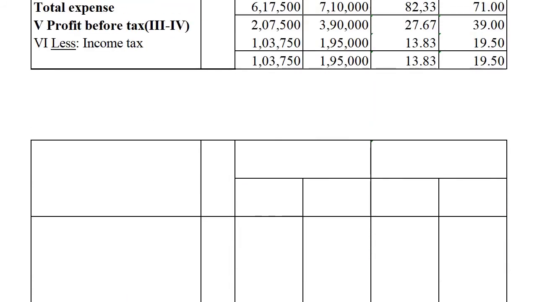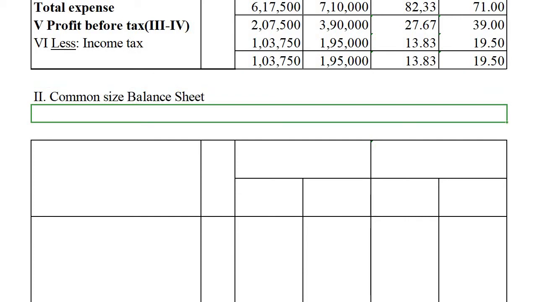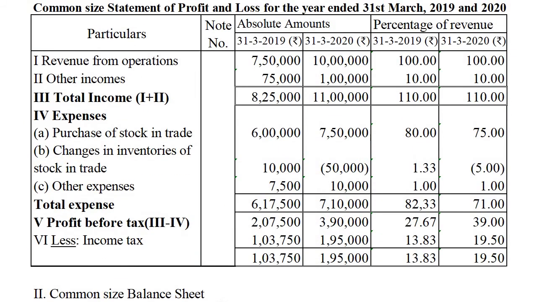Now let us see what a common size balance sheet is. See, common size balance sheet will be prepared just like the common size income statement, but the difference is that in the statement of profit and loss, revenue from operation will be considered as 100.